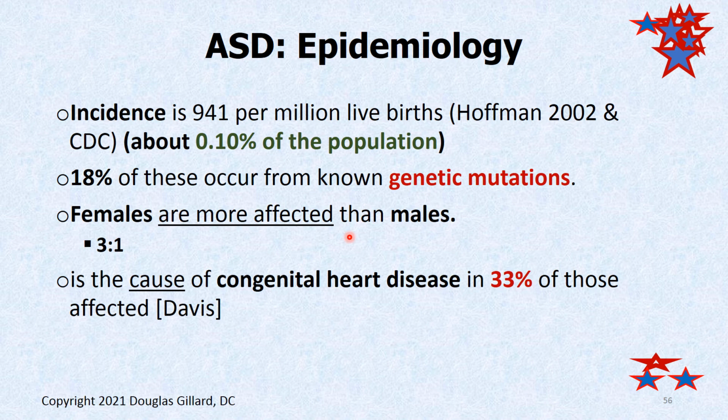If mom or dad has one of these, your chances are elevated that you'll have one as well. Females are more affected, 3 to 1, than males. It's the cause of congenital heart disease in about 33%. So if you're going to have a congenital heart disease, a third of the time, it's going to be an ASD.